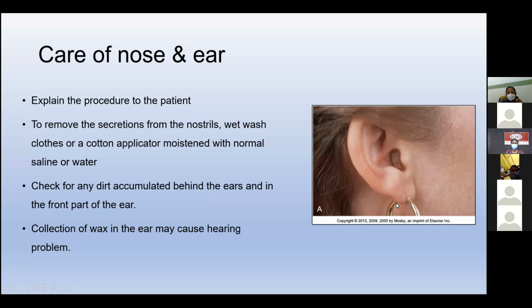Many times it happens that all the drools that have come out of the mouth will settle here, and they will give bad smell also, bad look also, and of course the growth of microorganisms. So we need to see that, and check once in a while about the collection of wax in the ear, because that can also cause hearing problems.